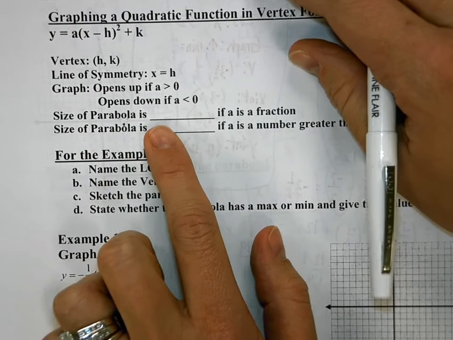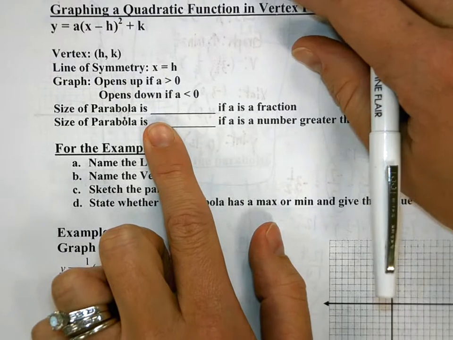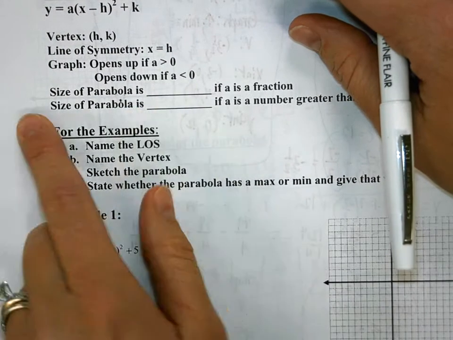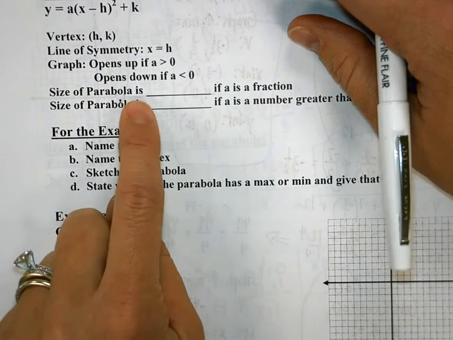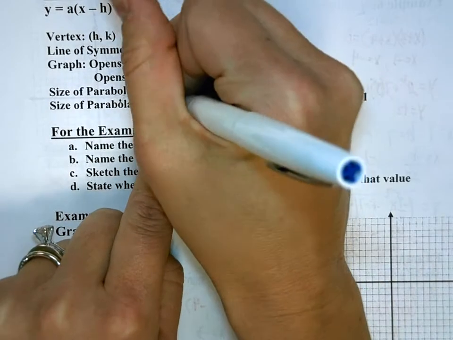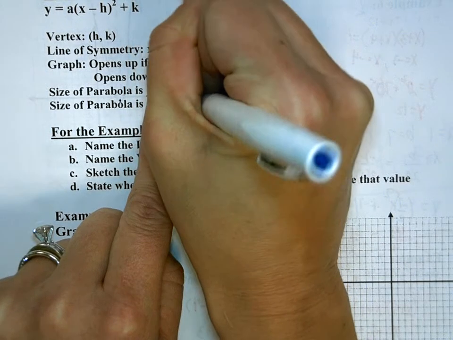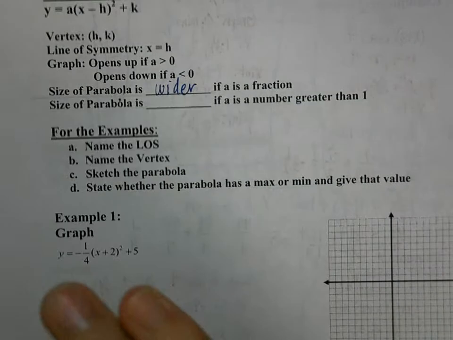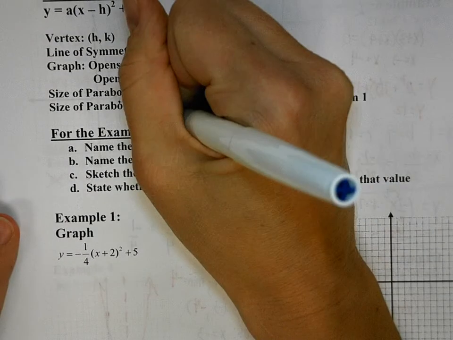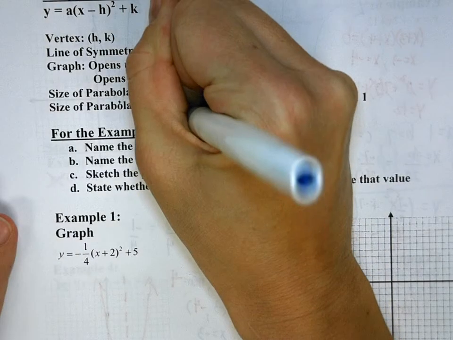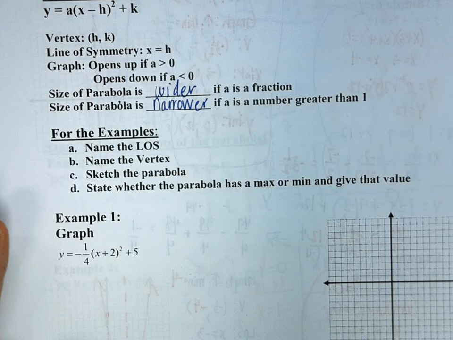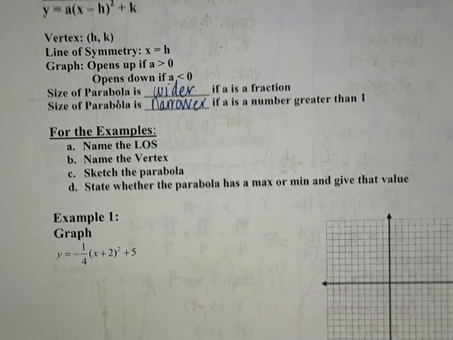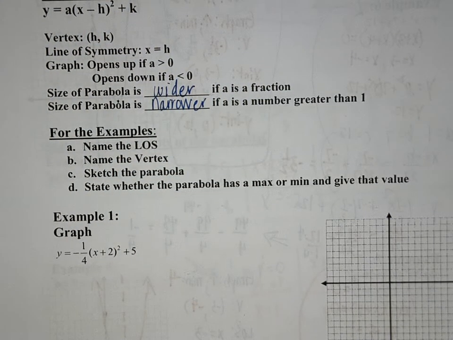Okay, now we kind of talked, maybe we didn't talk about this yesterday at all. The size of your parabola is wider if a is a fraction, and the size of a parabola is narrower, however you want to say that, if a is a number greater than 1.